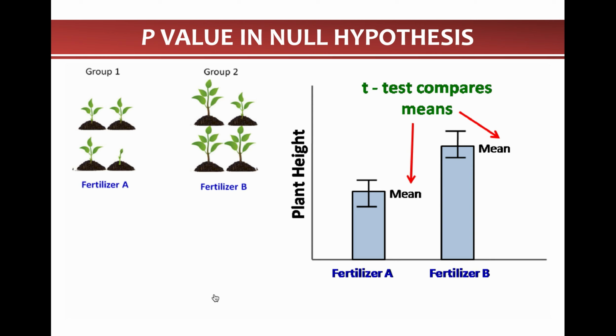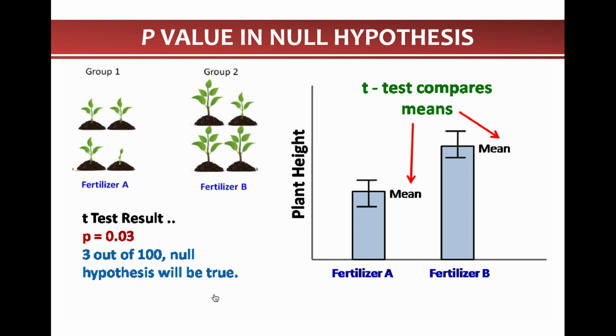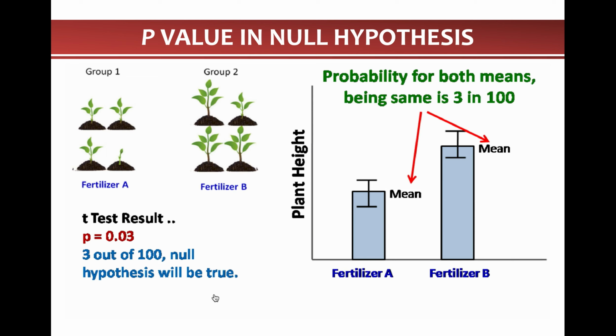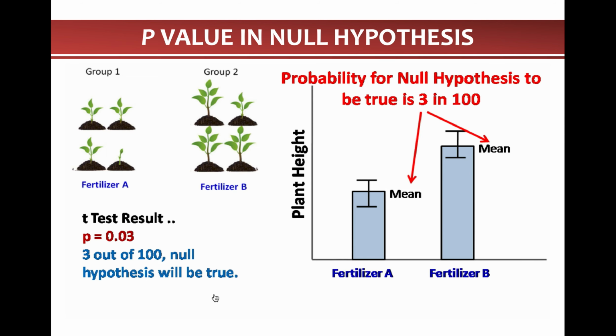Now the t-test is going to compare the two means. Let's say the p-value for this test is 0.03. This means if I repeat this experiment 100 times, only 3 out of 100 times the null hypothesis is going to be true.